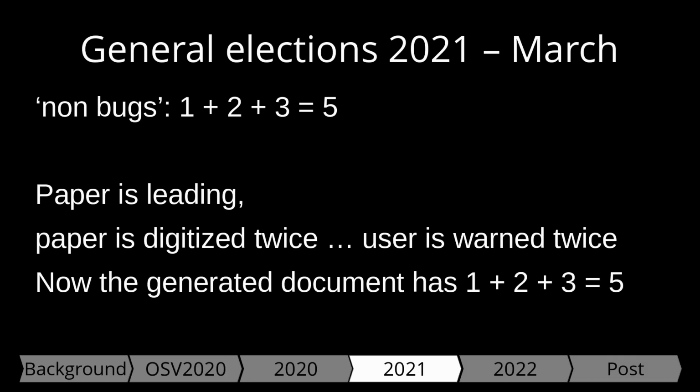Because paper in the Netherlands is leading, if paper is digitalized twice and the user is warned twice, the generated document will just have 1 + 2 + 3 is 5. So this was a non-bug, but it was a bit annoying. There are more strict warnings on this now.